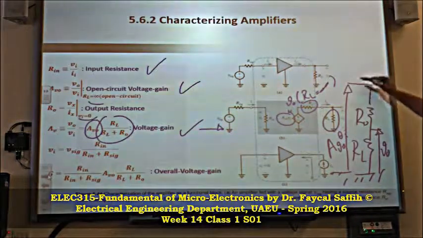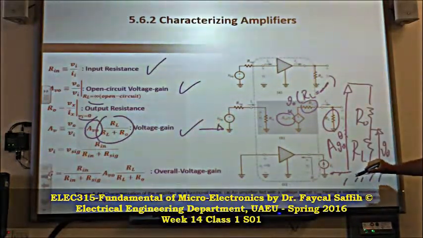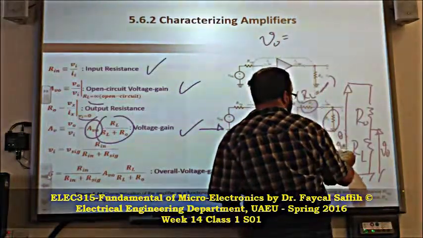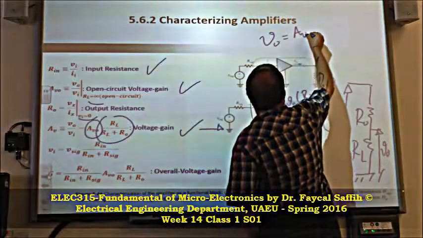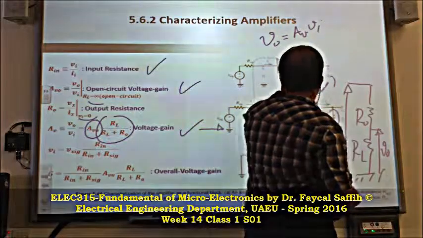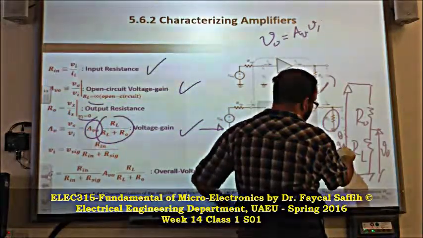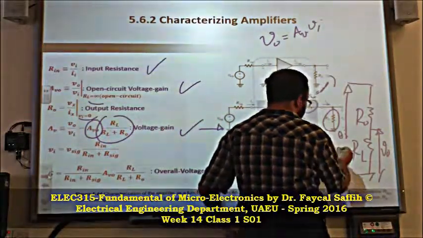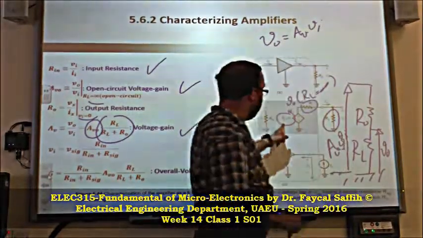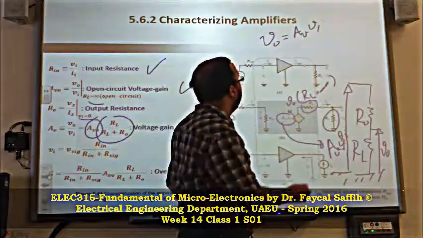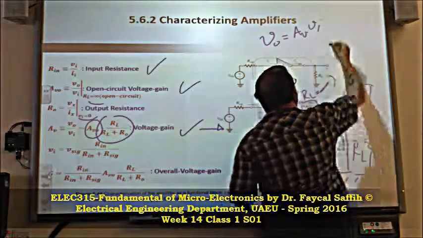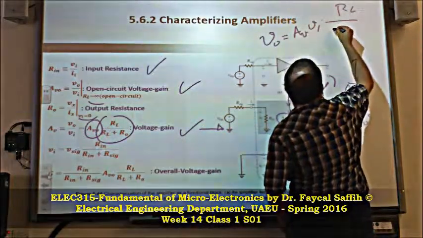So V out is equal to the whole voltage, which is Av0 times V input, it's not V out, it's V input here. That's the whole range, which is this voltage, times RL divided by R0 plus RL.